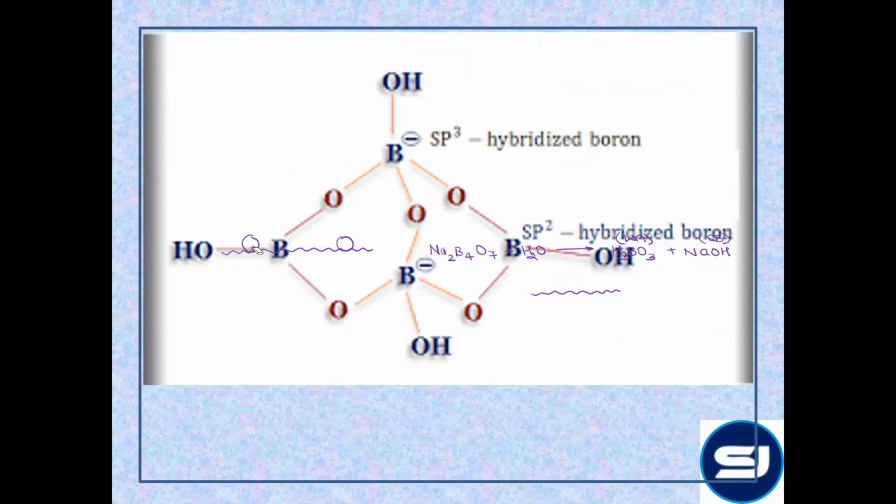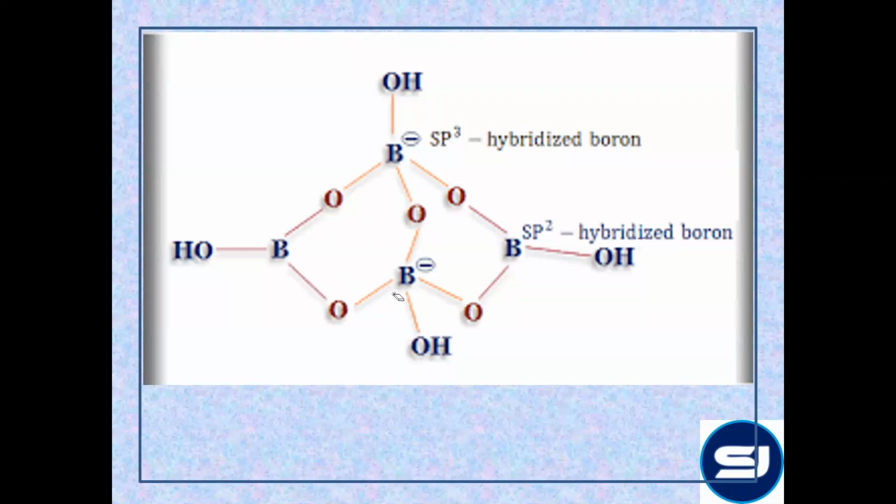Let me just erase this. Yes. So the 4 boron atoms 1, 2, 3 and 4 are joined via oxygen atoms, creating 4 B-O-B linkages, and 2 of the boron atoms are also joined by oxygen internally, creating a 5th B-O-B linkage.